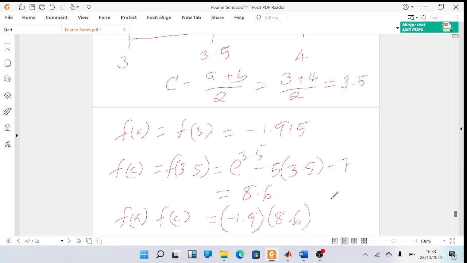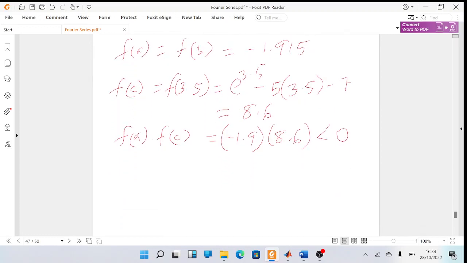And because we are multiplying a negative value by a positive value, we are going to get a negative number. So in this case, the value is less than 0. So by intermediate value property, we see that there exists at least one root between A and C.